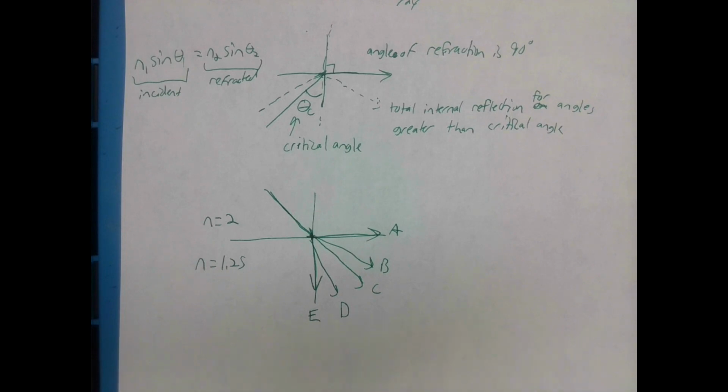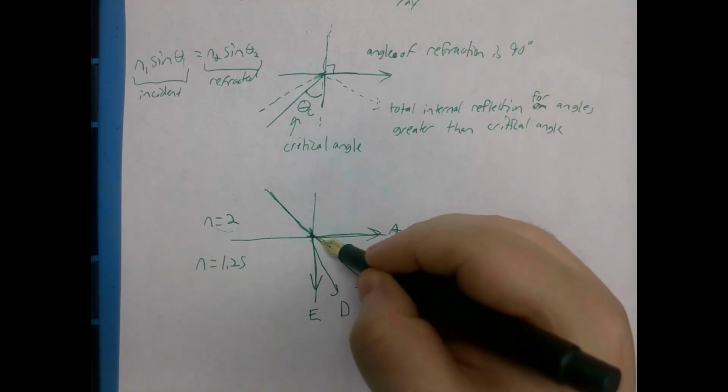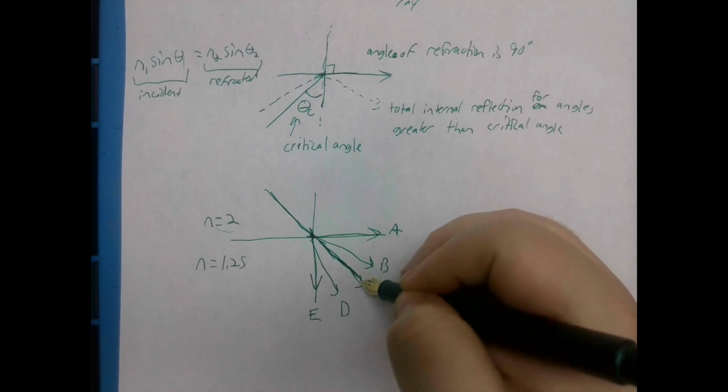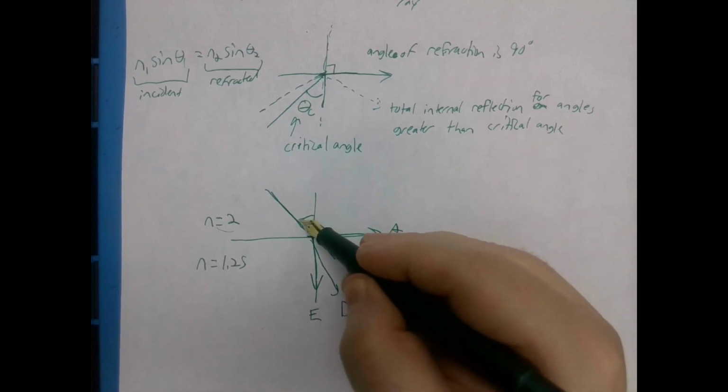So, is it D? When you go from high to low, do you bend toward? So C represents a straight line. So the angle should decrease. Here's the angle.